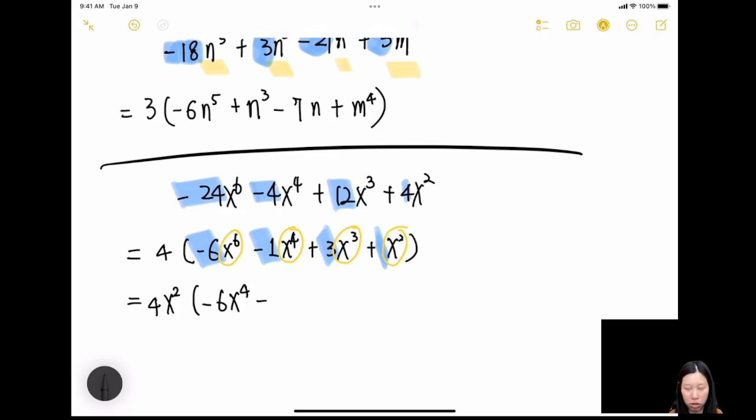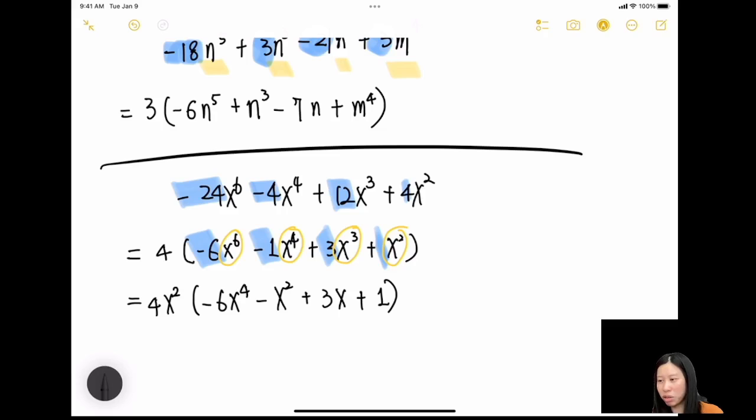We don't need to write the 1 for x squared. X to the fourth divided by x squared, we have x squared remaining. 3 times x cubed divided by x squared, we have x, and plus x squared divided by x squared is not equal to 0, it's equal to 1. Okay, so this is our final answer.